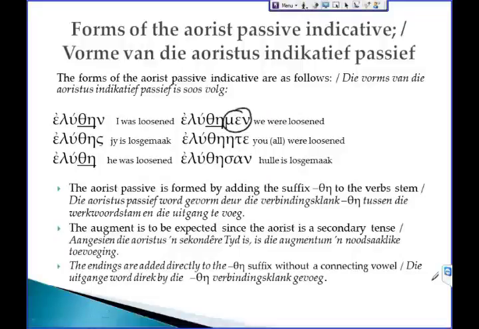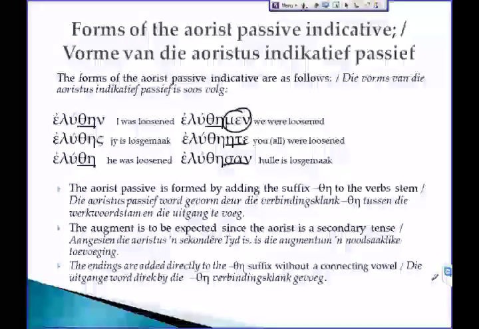And after the, then comes the person ending, in all the occurrences. Will you be able to remember how we form the aorist passive?